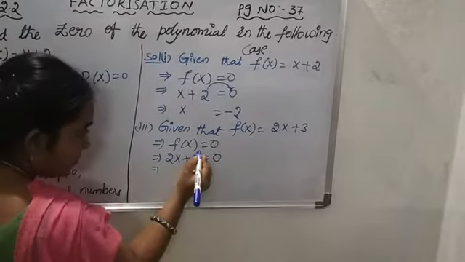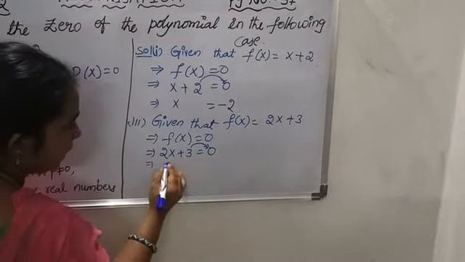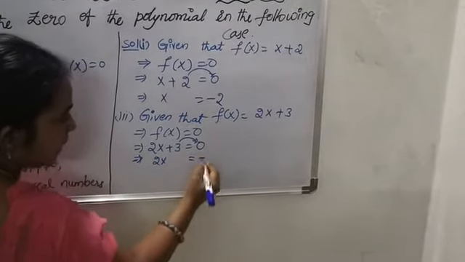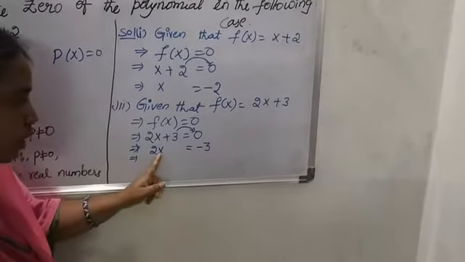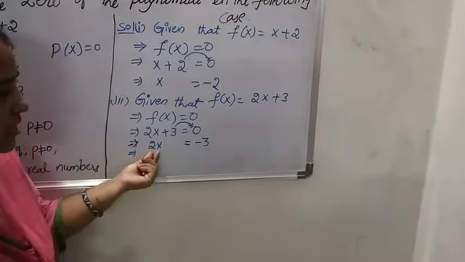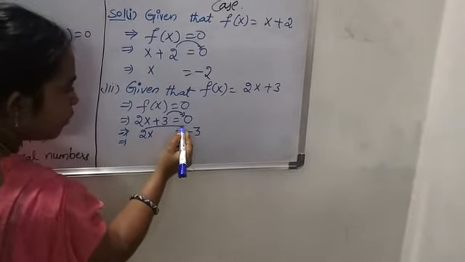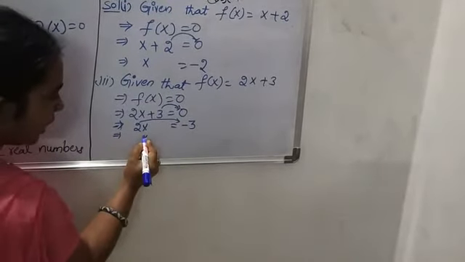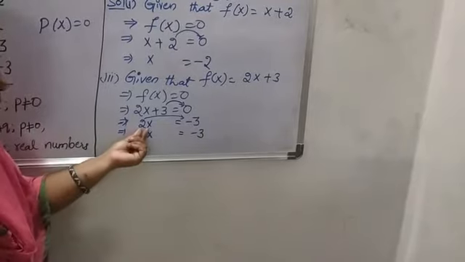Just we can transpose 3 from LHS to RHS. Remaining is 2x here, and plus 3 becomes minus 3 on the other side. But we can find the value of x. But here we have 2 x's. So here also we can transpose 2 from LHS to RHS, then we get only 1 x, and minus 3 on the other side.